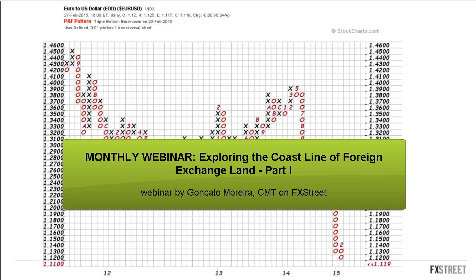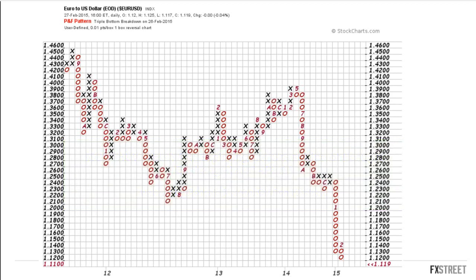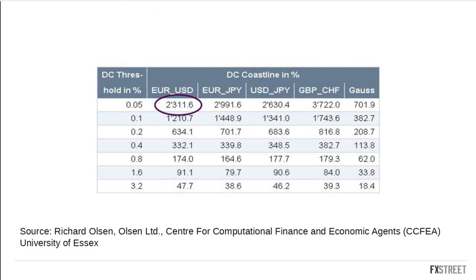We will dwell on this idea more and more and understand what we mean here by potential and how to capture that potential, which is the center idea of this monthly webinar: to build the foundations for our trading model based on this concept of coastline, and based on a concept that time is understood differently than in a normal or conventional chart configuration.